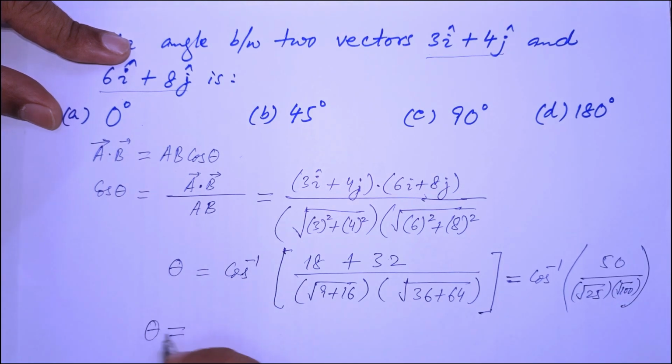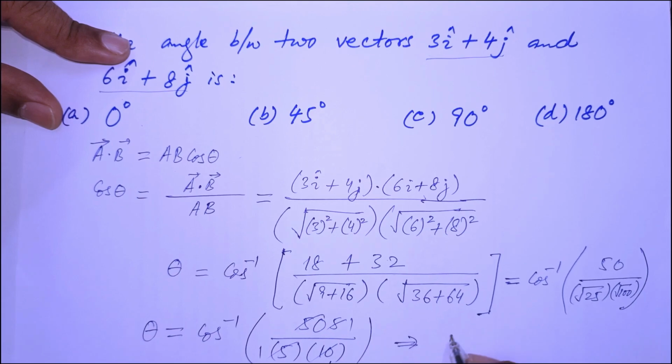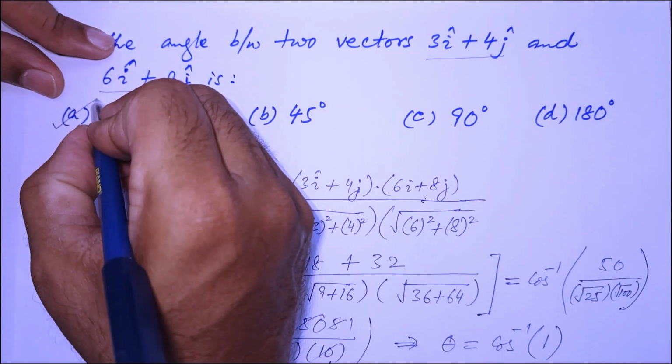So theta is equal to cos inverse of 50 divided by, square root of 25 is 5 and that of 100 is 10. So 10 ones are 10, 10 fives are 50, 5 ones are 5. We are left with theta equal to cos inverse of 1, and cos inverse of 1 is 0 degree. So theta will be 0 degree. Answer is this one. Correct option is A.